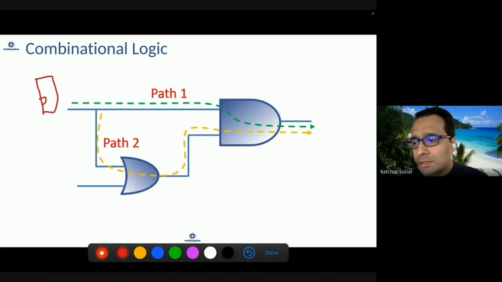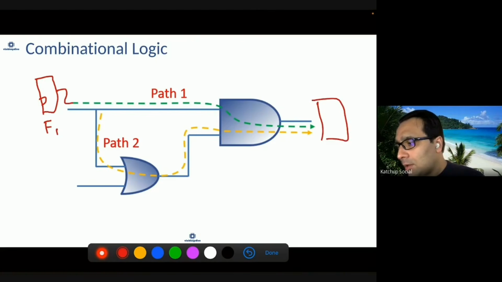So let's take this example. Let's say this flop is F1 and this is F2. So F1 to F2 have more than one path. One path is path 1, shown in green. Path 2 shown in yellow.